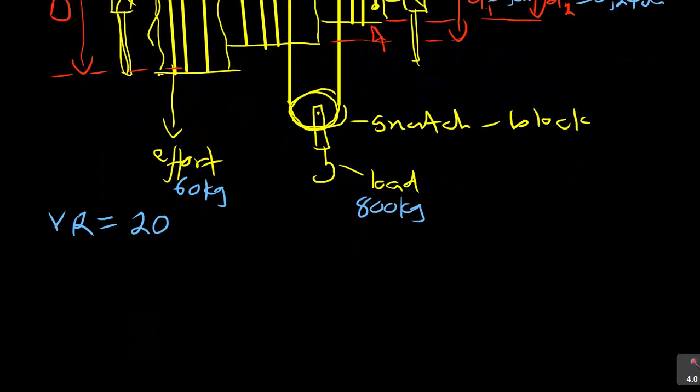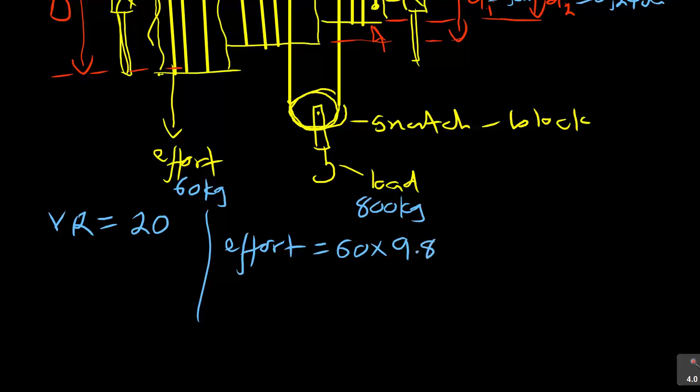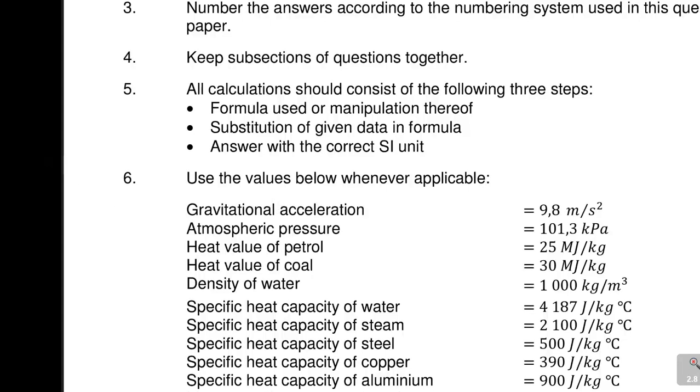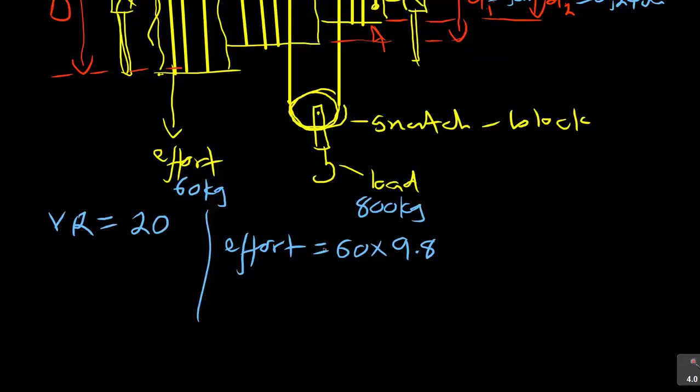Remember, when you're talking about effort and load, the effort is equal to 60 times 9.8. Where do I get 9.8? It is the acceleration due to gravity. You must always know it's a force, so you cannot just leave it as 60. You must multiply it by the acceleration due to gravity. So that is our effort. Even our load in this case will be 800 times 9.8. That is now in newtons.